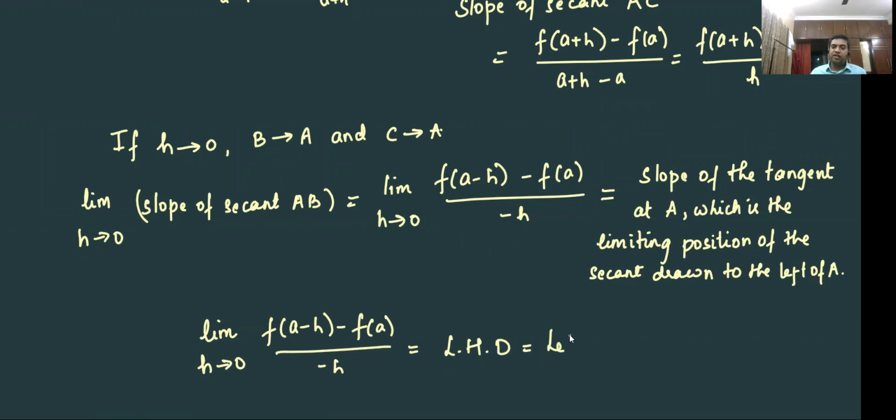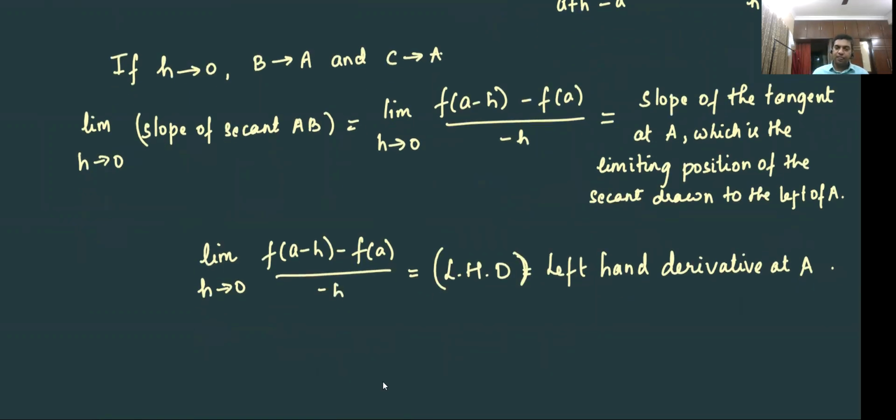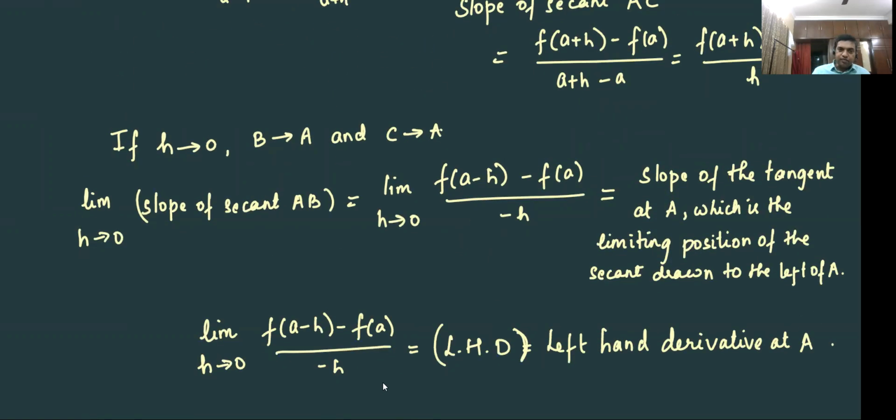This is called the left hand derivative at a. Left hand derivative at a. Next, so this is when b tends to a.